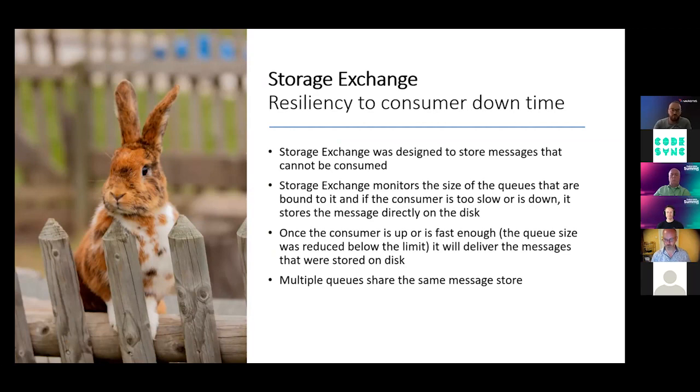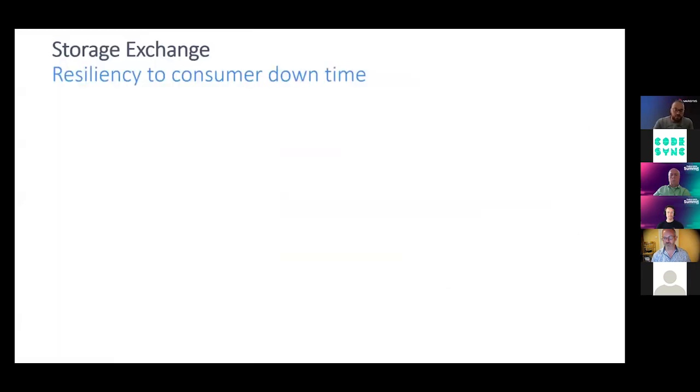So I have to figure out what to do with all the messages. I cannot just tell the publisher to stop, and I cannot tell all the microservices in our system to go and store the messages themselves. We need a server-side approach, and this is what the storage exchange does.